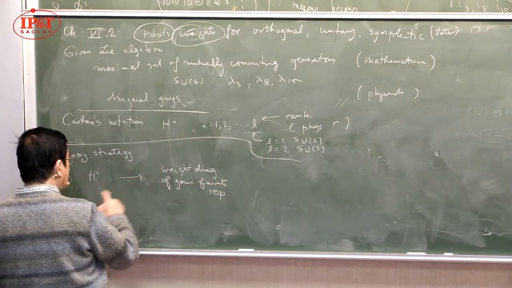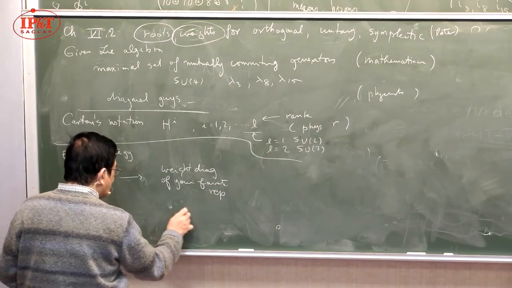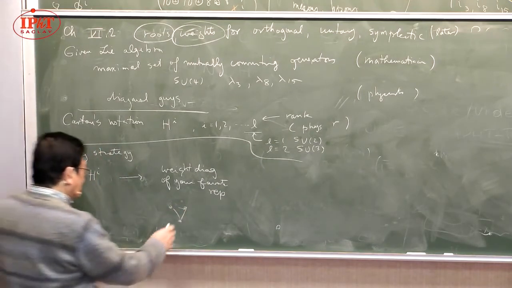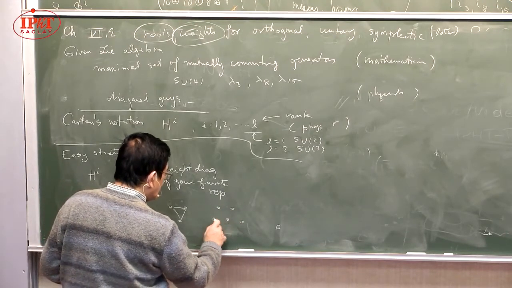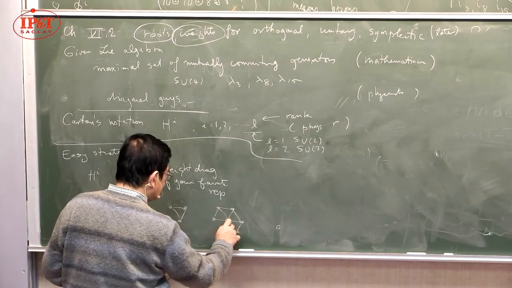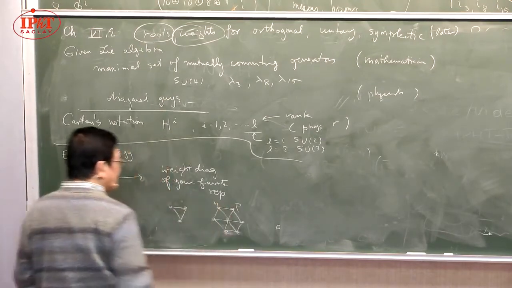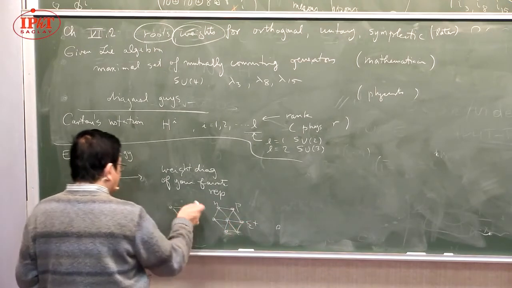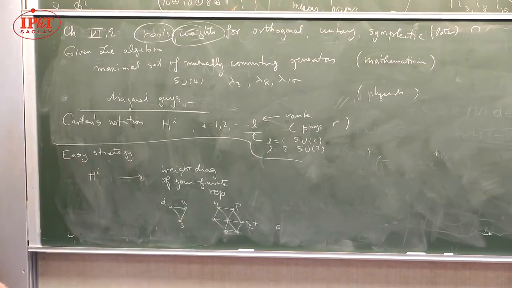For example, for SU3, your favorite one would be the triangle, or the octet. The proton and the neutron would be here if you want to identify with particles, and sigma plus, and so on. And this would be the up quark, down quark, and strange quark if you want to make contact with particle physics.